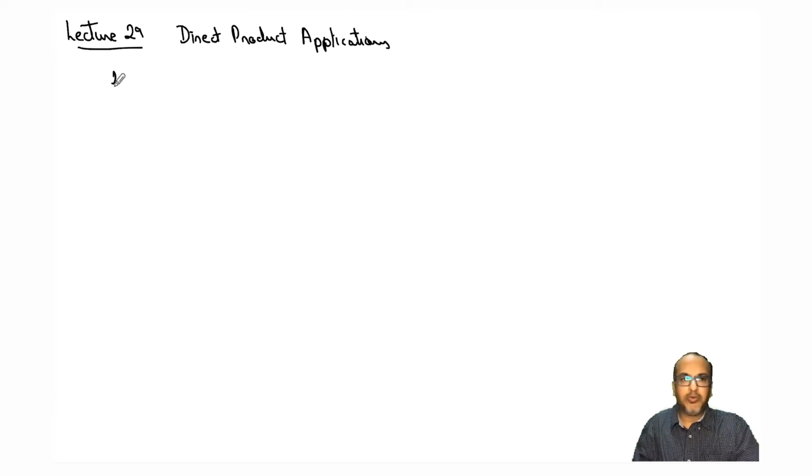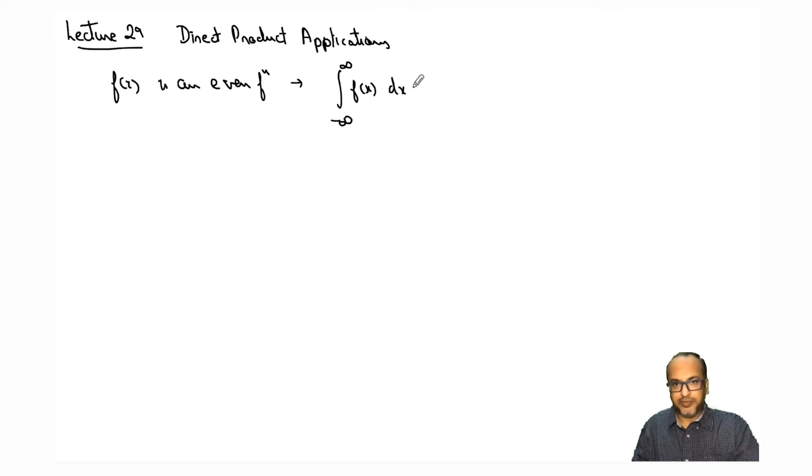So let us start with what we know. We know what is an even function and what is an odd function, right? Let us suppose that f(x) is an even function. If it is so, then assuming that it is continuous over all range, the integration of f(x) will not be equal to 0 because it's an even function.